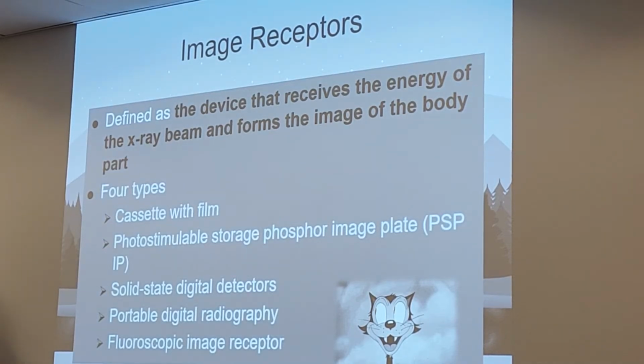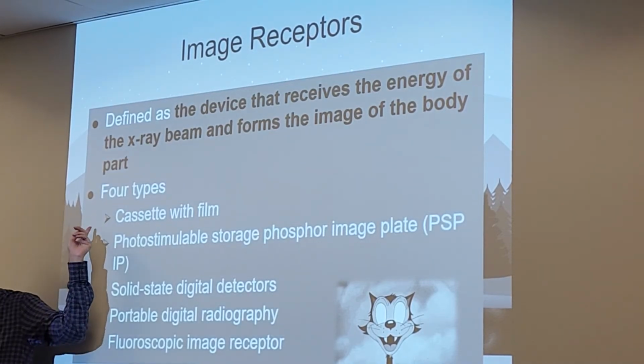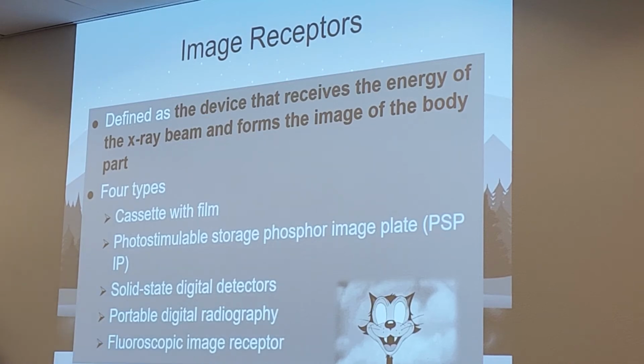The old type, cassette with film. So when we say film, we mean actual photographic film. You would have the film inside a board called a cassette. You would shoot your X-ray. You would take that board. You would walk into an actual dark room with a red light.